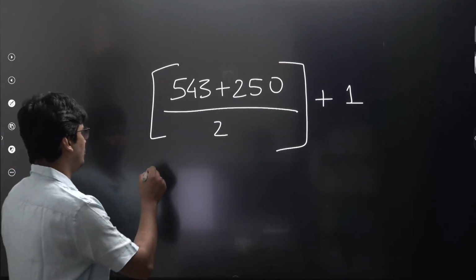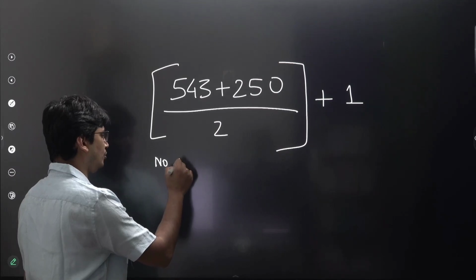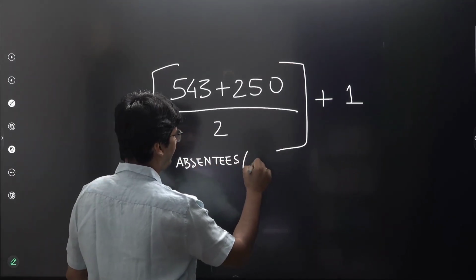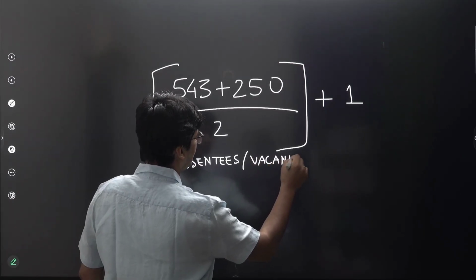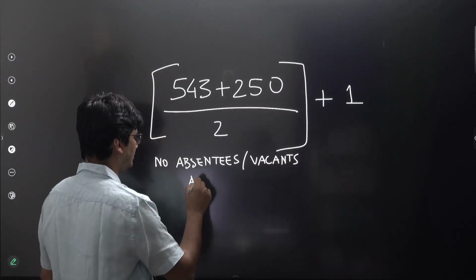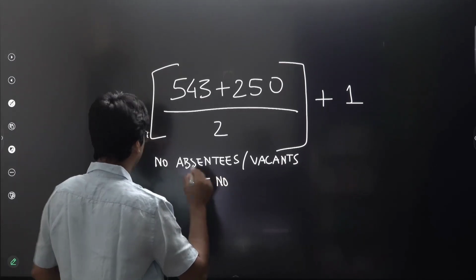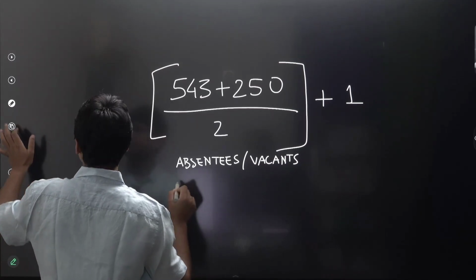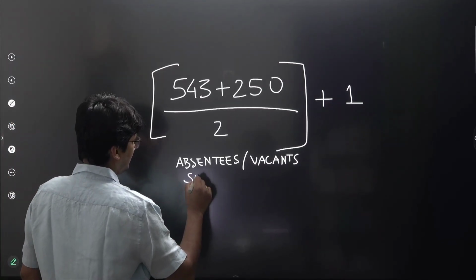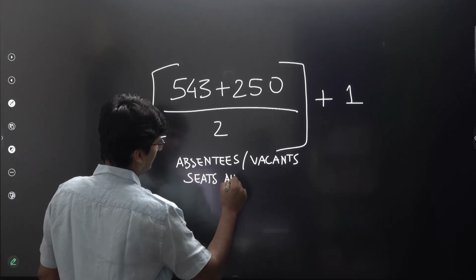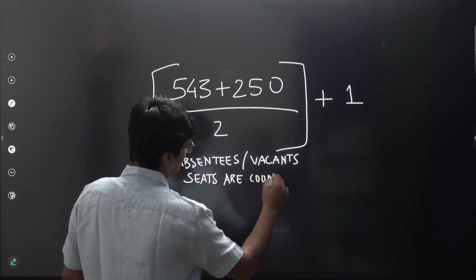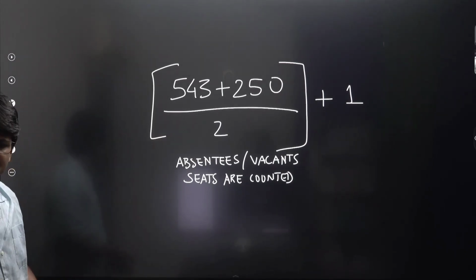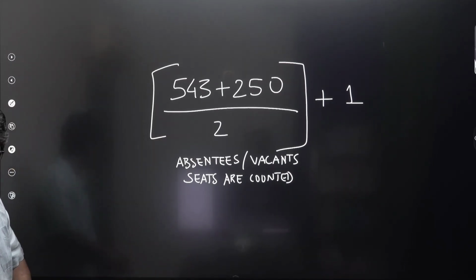So no absentees needed or no absentees recorded. No absentees or vacant seats. None of them are counted. ठीक है, क्लियर है? Different types of majority. Let's move further.